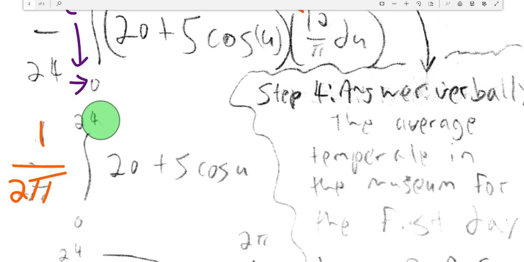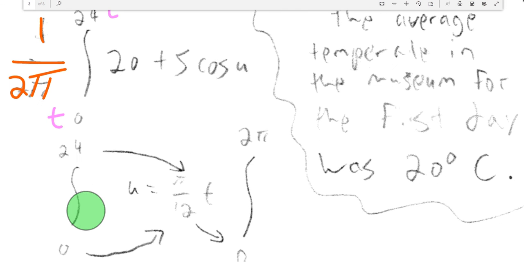And then now, again, these are in terms of t. We cannot have them in terms of t. All right, they need to be in terms of u. So what we're going to do, since this is in terms of u, we're going to convert our limits. Okay, and use our original u equation. u is equal to pi over 12 t.